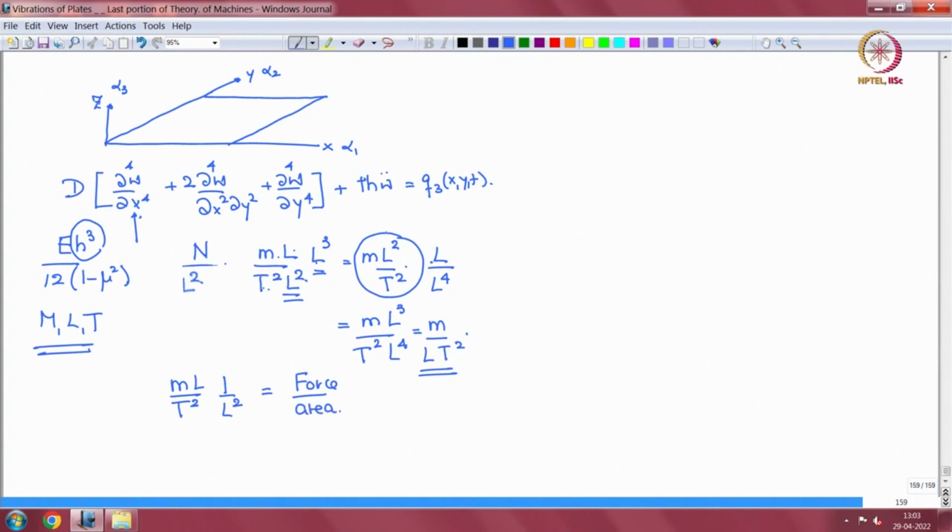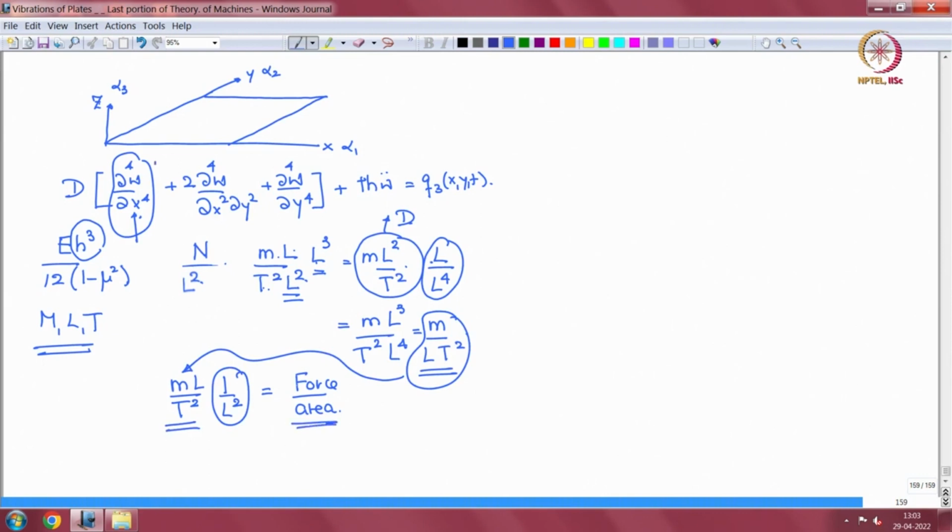Till this point was D. Then I have included this term over here, which results in this term. This I have further broken into a force, and what remains? So this term has force per unit area units. Next, let us look at this term. Similarly this will have force per unit area. So, the equation is balanced in terms of units.